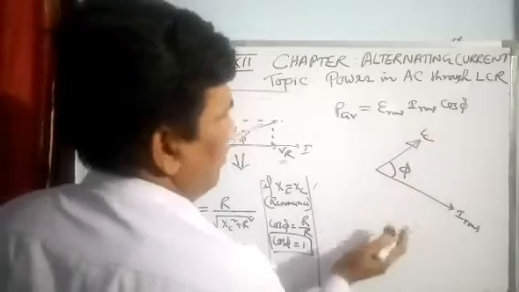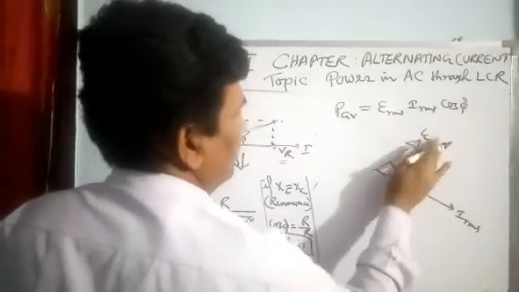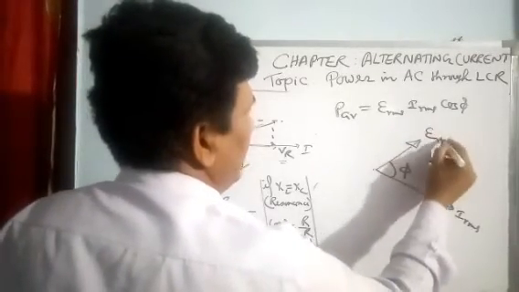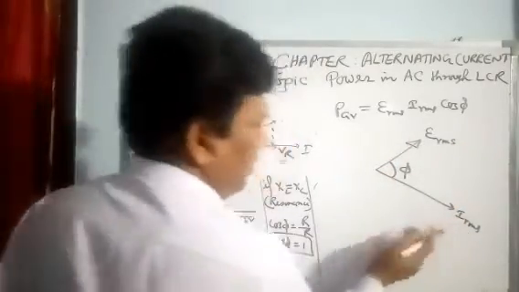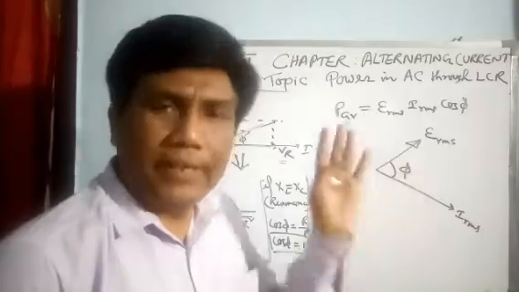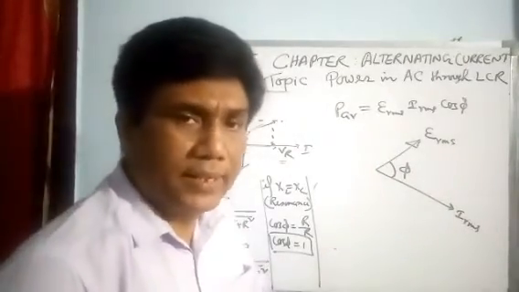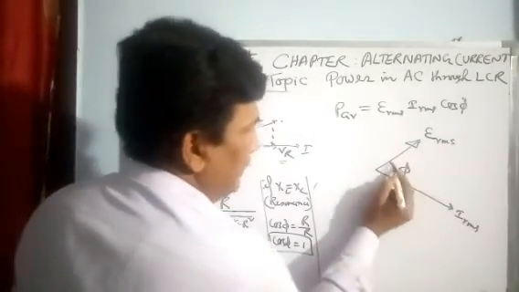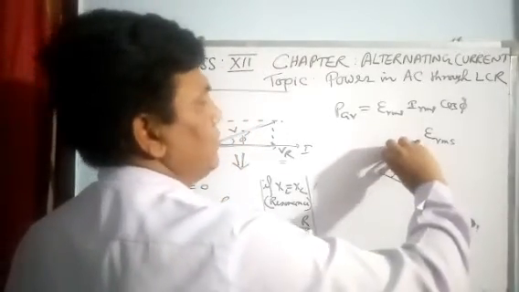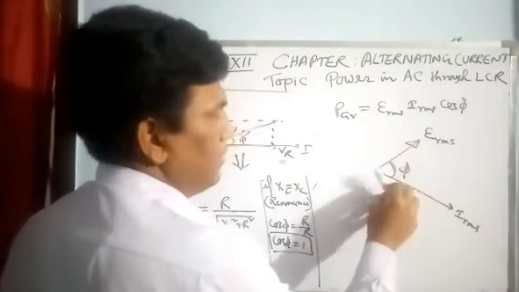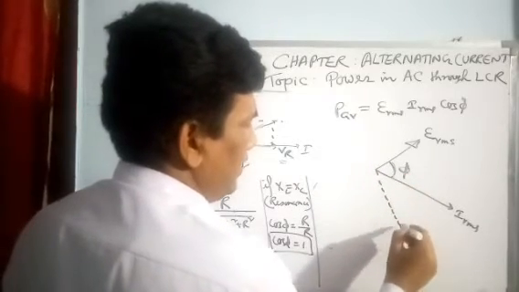Then IRMS will have two components. A vector can have an infinite number of components around it. If this is phi, then IRMS could have a component here also and a component here also. What is the name of this component?